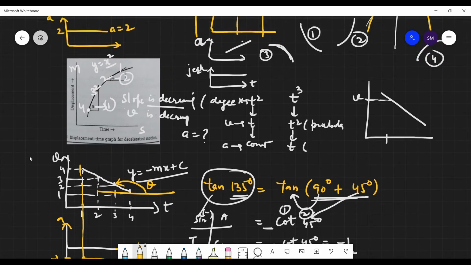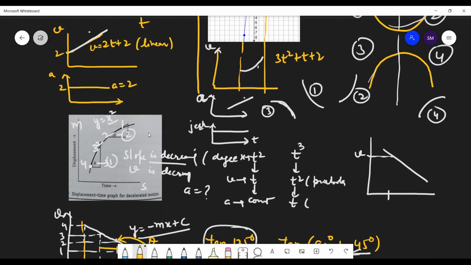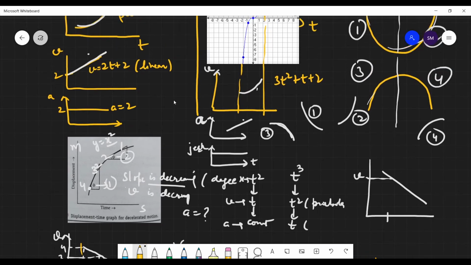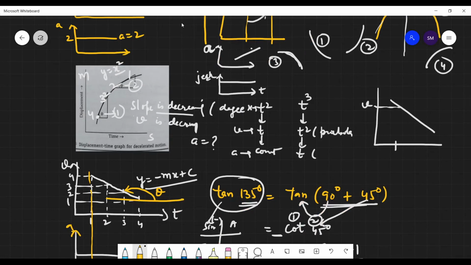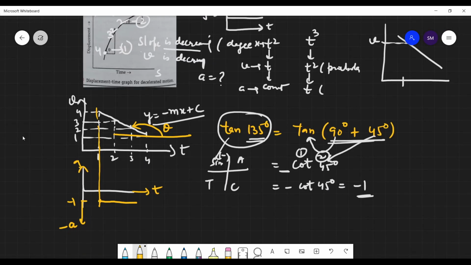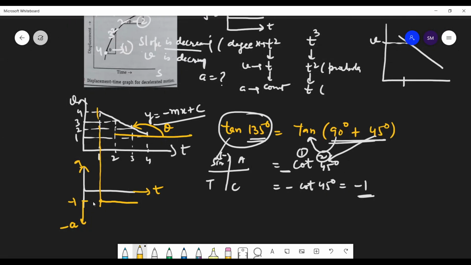Have you noticed one thing in the earlier question also? Like here also you can notice, what is this? I have drawn it -1. So this -1 is nothing but the slope. This m is equal to -1.